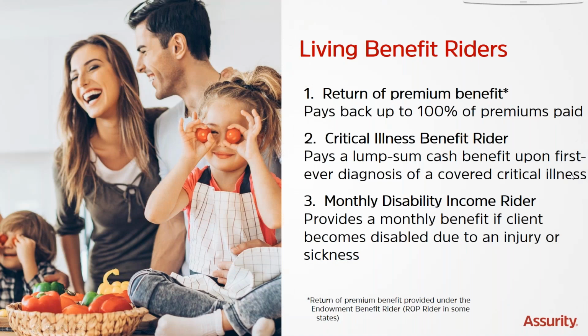Another big thing with our term product would be the living benefit riders. So we talked about the return of premium benefit, which I'll go into a little bit more in depth on a couple of the next slides. But two that I also want to bring up are the critical illness benefit rider and the monthly disability income rider.